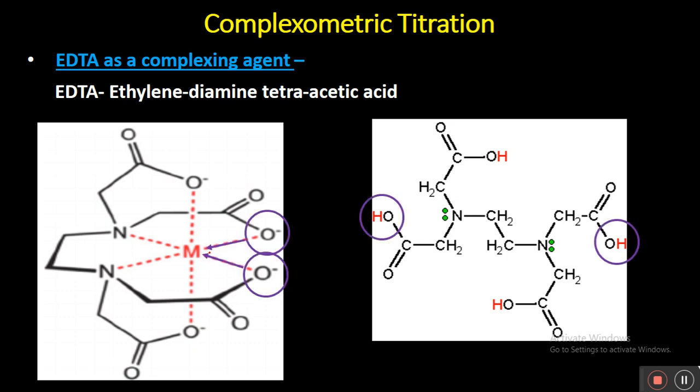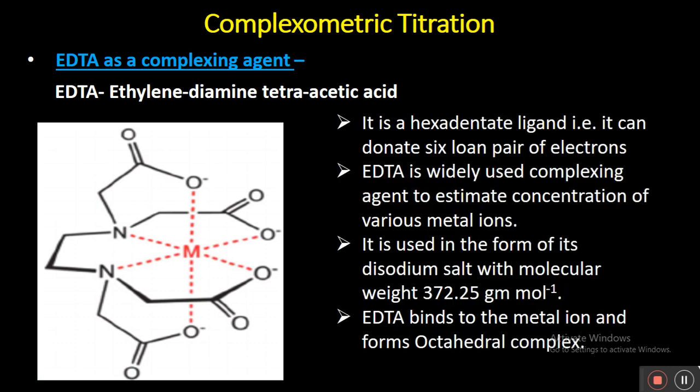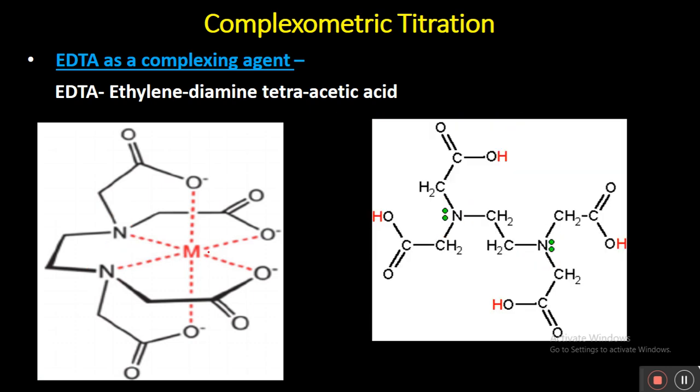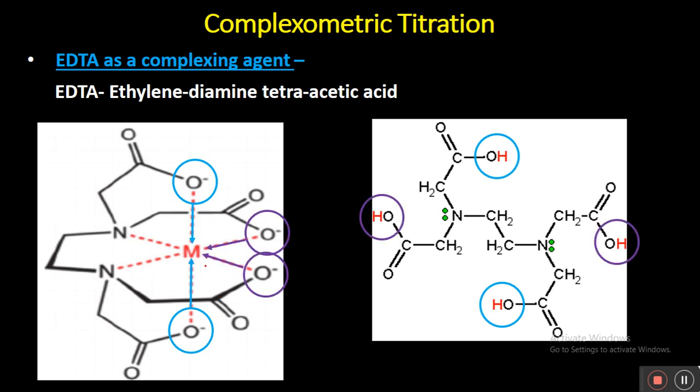So in this way we have a total of six lone pairs of electrons. So once again, look at this. First two lone pairs are shared by these two nitrogens, then the second two lone pairs are shared by these two oxygens, and the remaining two are shared by these two oxygens. So in this way this octahedral complex is formed.